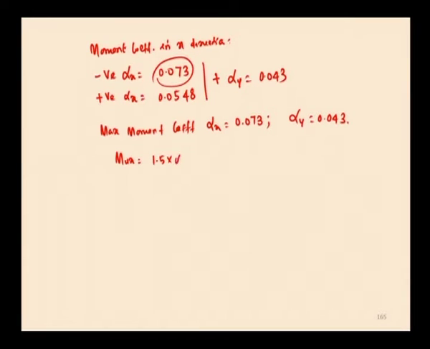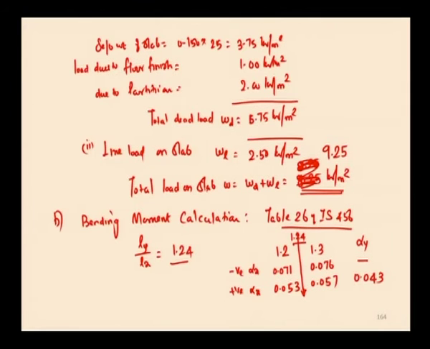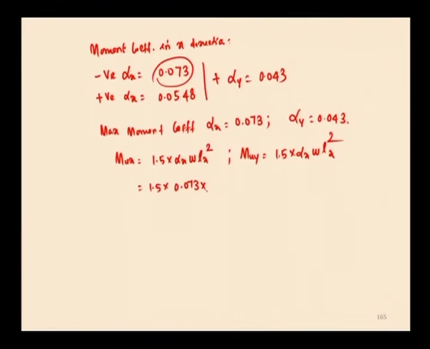Mux is equal to 1.5 into alpha x w Lx square, Muy is equal to 1.5 into alpha y w Lx square. So, that is equal to 1.5 into 0.073 into the total load 9.25, Lx square is 4.23 square, which is equal to 17.28 kilonewton meter.